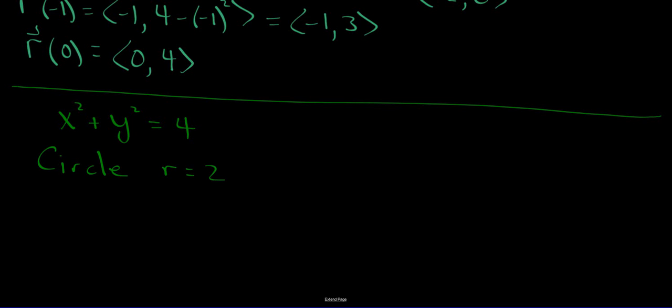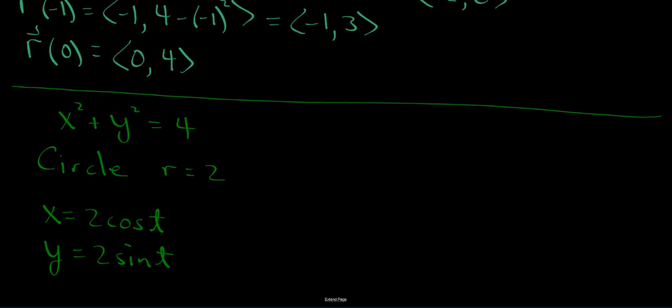And if we want to come up with a parameterization for that, we could say this. Well, x is going to equal 2 cosine theta, or t. We could just use t. Let's stick with t. And y is equal to 2 sine t.